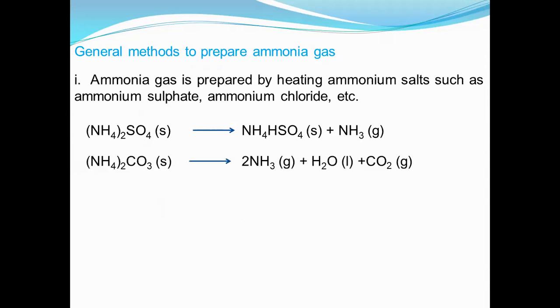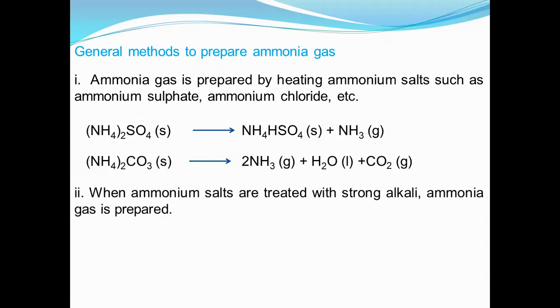In the same way, if you heat ammonium carbonate, that is solid, you know that S is for solid, G for gas, L for liquid. So when you heat ammonium carbonate, it gives you ammonia, water and carbon dioxide. So this reaction of ammonium carbonate can be used for general preparation of carbon dioxide and also of ammonia gas, because there is production of both ammonia and carbon dioxide.